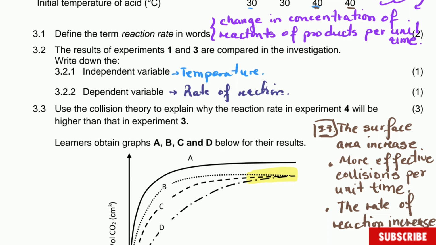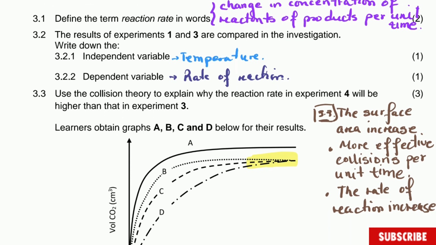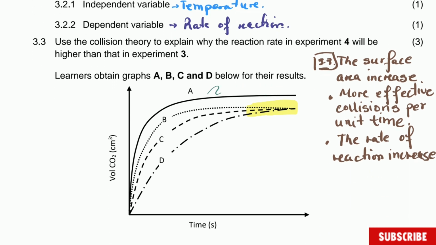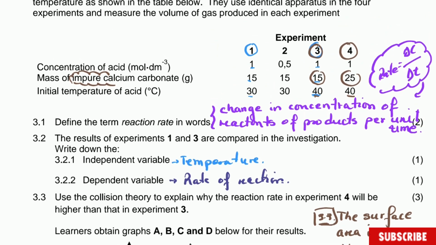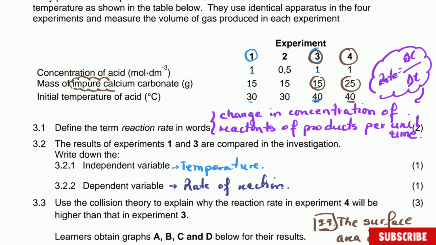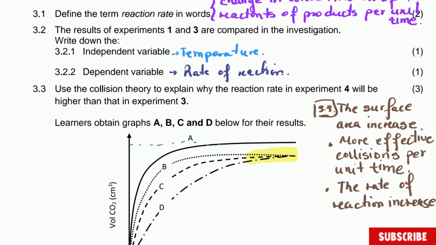However, experiment A on the graph releases more gas than the others. Now, which one can release more? The one that has more mass of impure calcium carbonate. So, without doing any comparison, experiment 4 will be A, because it will produce at the end more volume of carbon dioxide. So this one is experiment 4.